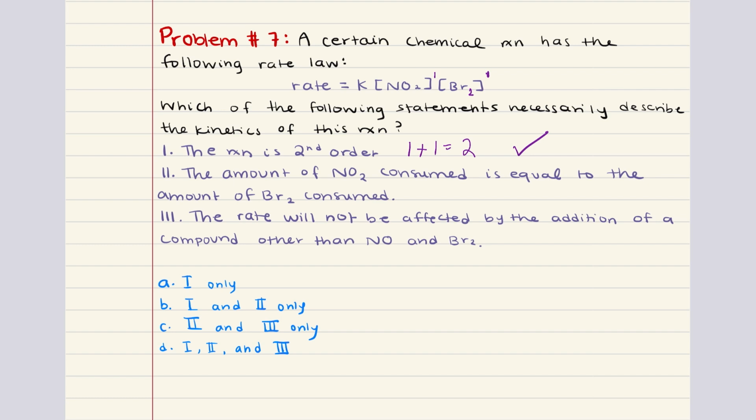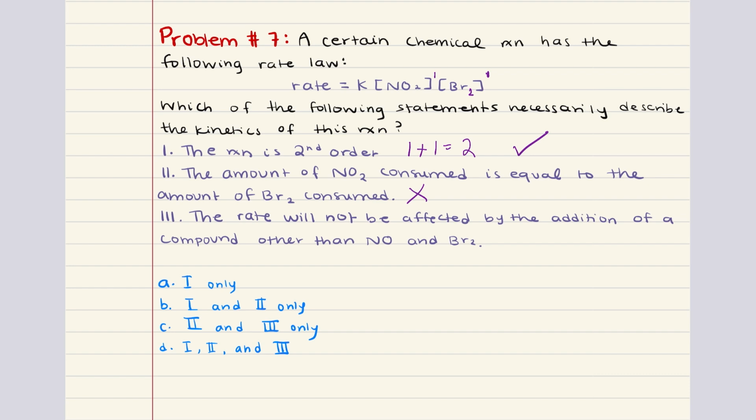We would have to see a balanced chemical equation to begin to dissect this, and we don't have that information, and so we cannot confidently say that statement 2 is true or not true, and we're looking for statements that necessarily describe the kinetics of this reaction. Statement 2 is not that for us.